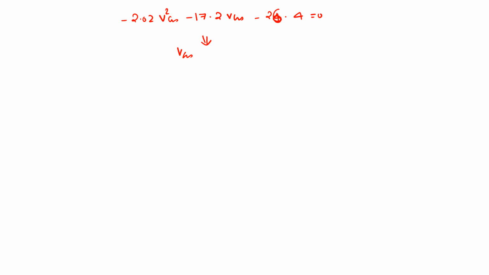We have made an arithmetic mistake. So VGS is equal to minus 2 volts.